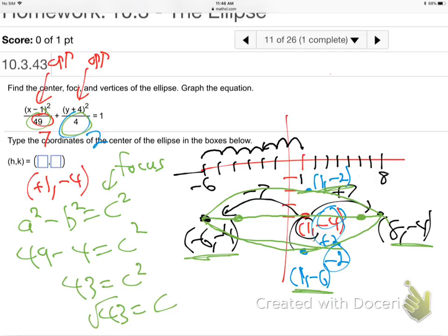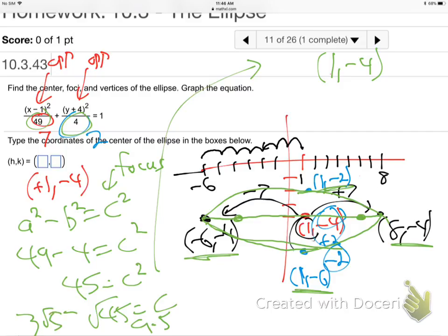Can't simplify that. Okay, so what do I do with that root 43? I take the center. Let me bring it up here. I take the center. Yeah, I was saying 45. 45? Oh, it is. Thanks. So I can simplify that. Trying to go fast. So that's 9 times 5. Root of 9 is 3, so it's 3 root 5.